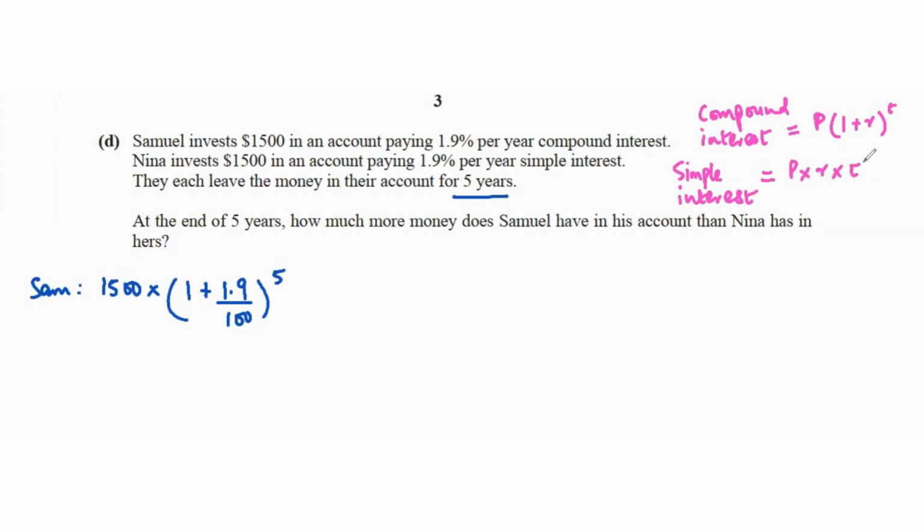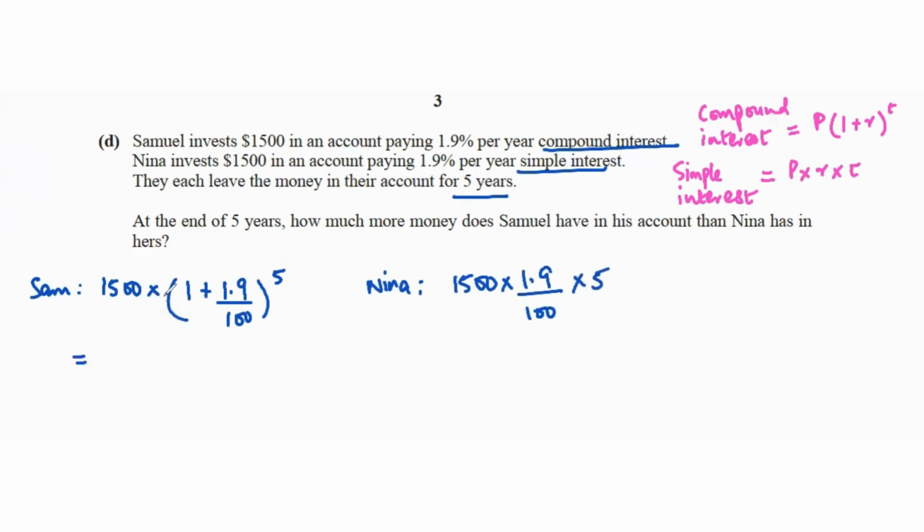So PRT. So we have the equation for Sam. Then Nina invests $1,500 in an account paying 1.9% per year simple interest. So for Nina, it's going to be 1,500 times 1.9 over 100 times 5.